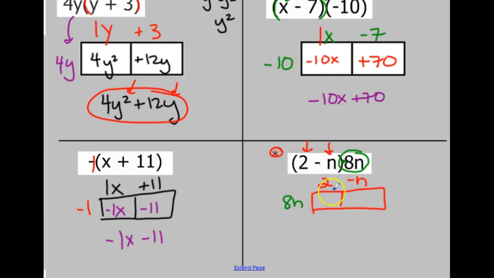So multiplying 8 times 2 is 16, and there's an n there. And then 8 times, okay, this is really a negative 1n. 8 times negative 1 is negative 8. And again, n times n is really the same as n squared. So a negative 8n squared, because there's n's on both where we multiply. So we have 16n minus 8n squared.